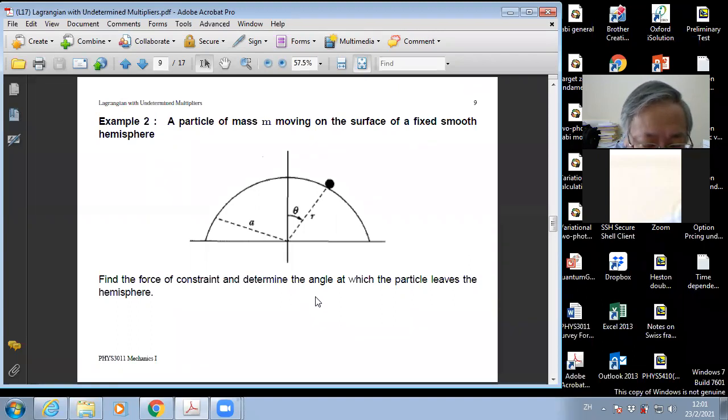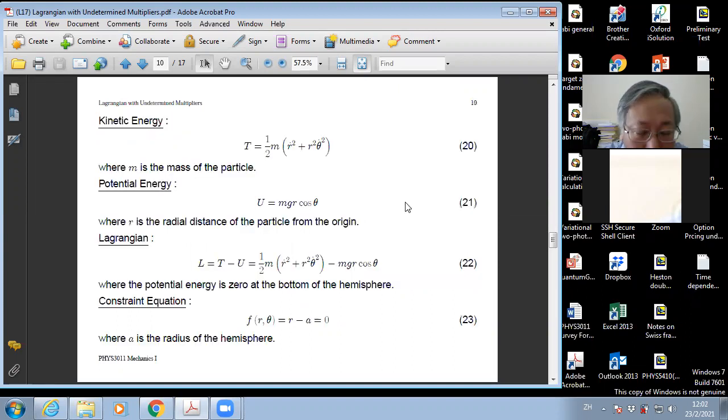Then we can write down the Euler-Lagrange equation of motion associated with the remaining variable. Right. The second approach is to make use of the undetermined Lagrange multiplier. Okay, we will choose the second approach.